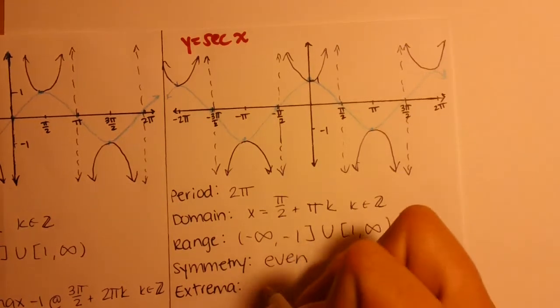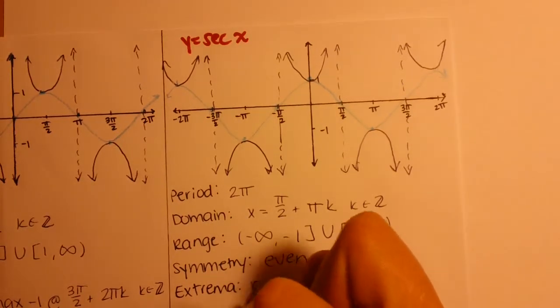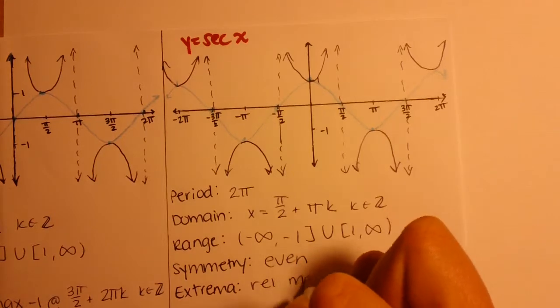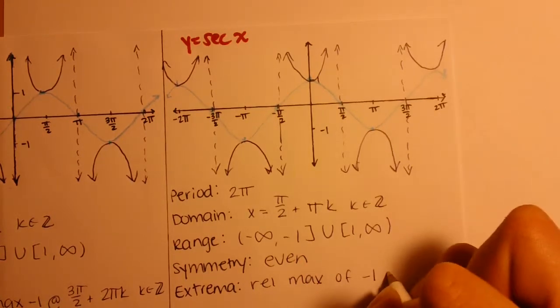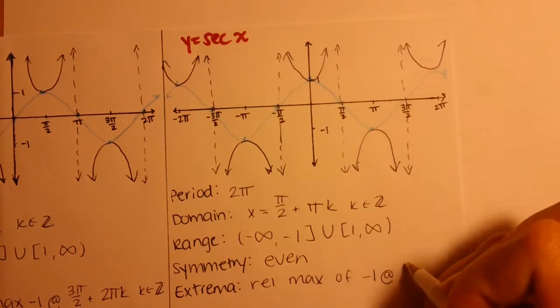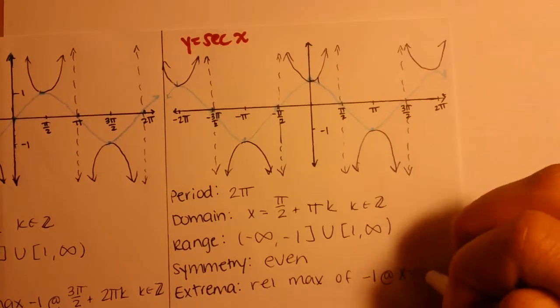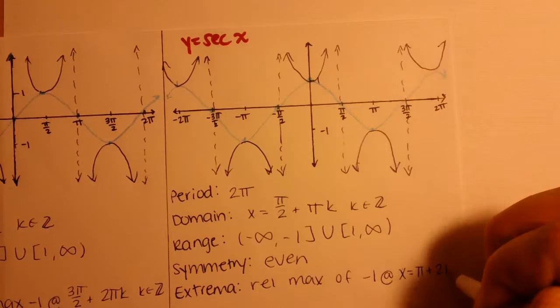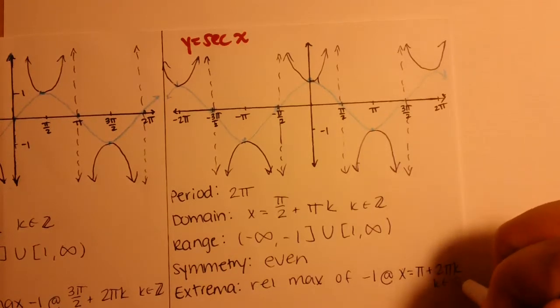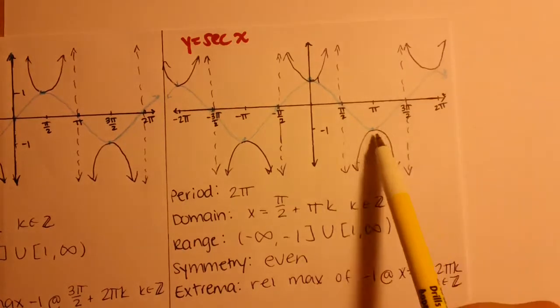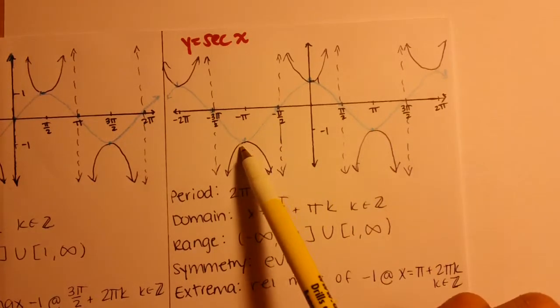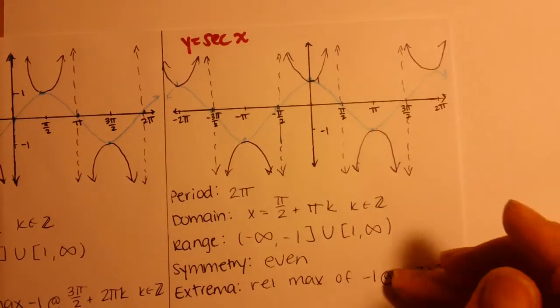For extrema, it's going to be slightly different. We'll have a relative max of negative 1 at x equals pi plus 2 pi k, where k is an element of the integers, because our max is occurring at pi, and then we can subtract pi or then add pi.